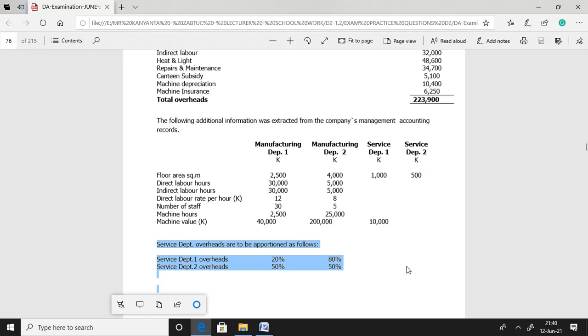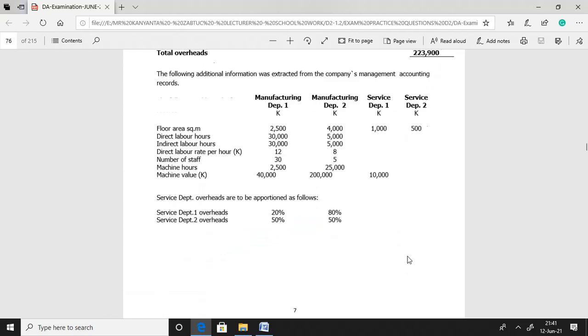Service department overheads are to be apportioned as follows. Service department 1 we apportion to the production departments in the ratio of 20 to 80, and service 2 costs we apportion in the ratio of 50 to 50, so that cost would just be shared equally.